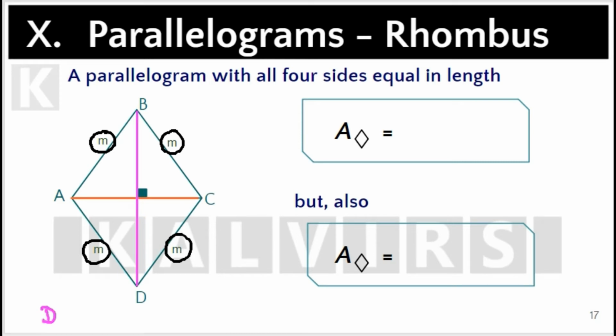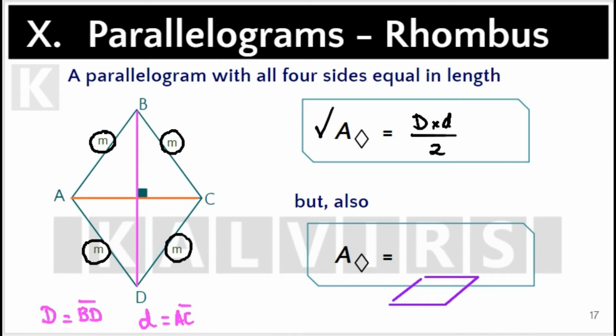Now, let capital D be the length of diagonal BD and let D be the length of diagonal AC. The area of a rhombus in terms of the diagonals can be calculated as half the product capital D times D. But also remember that the rhombus is a parallelogram.